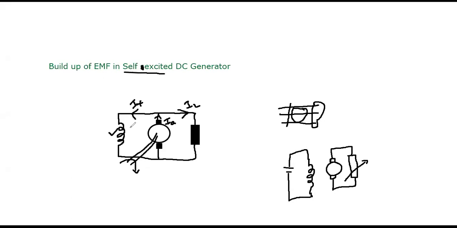But in case of the self-excited generator, there is no separate DC source at all. Then how is it possible to develop a magnetic field? It is possible only by means of the residual magnetism which is found inside the winding.